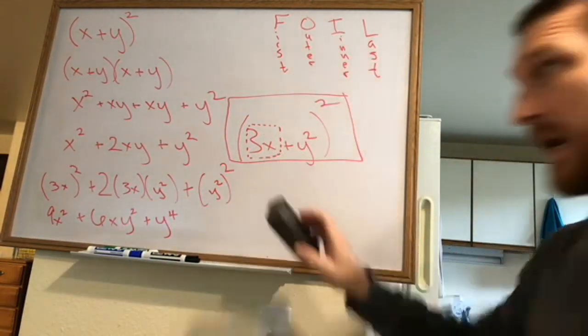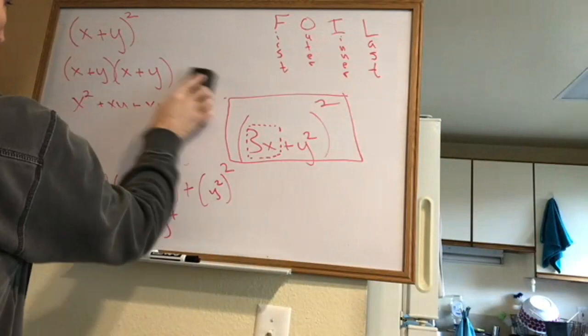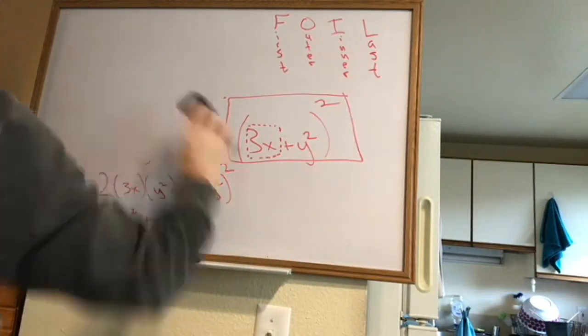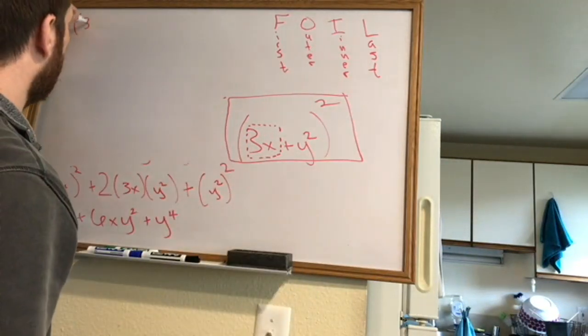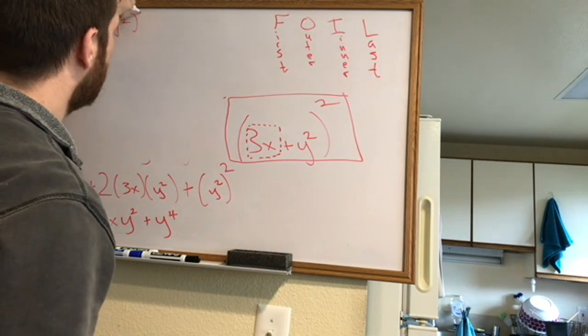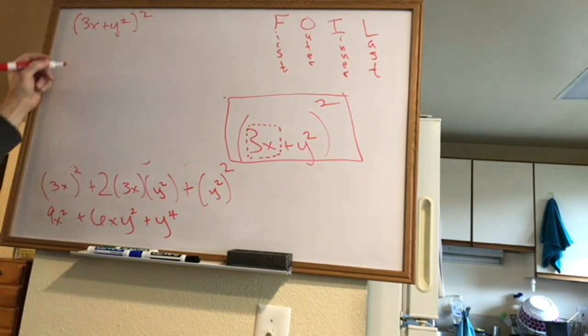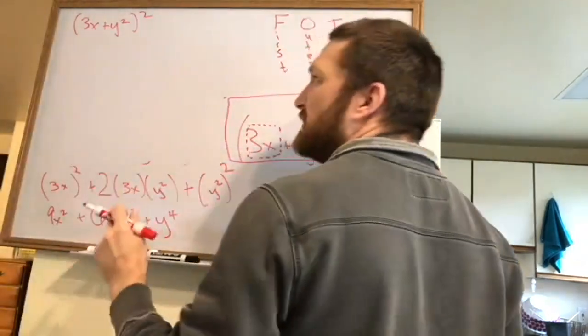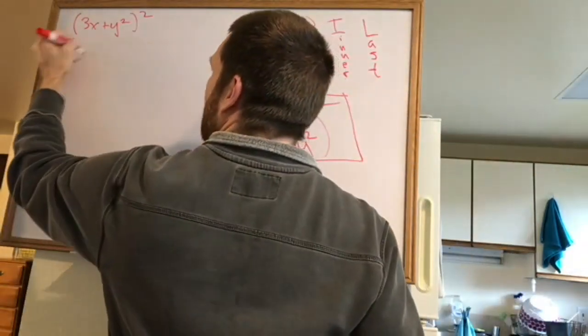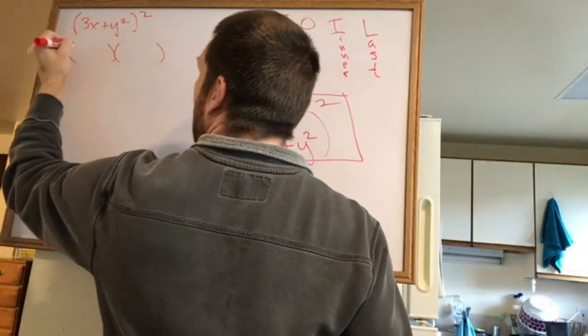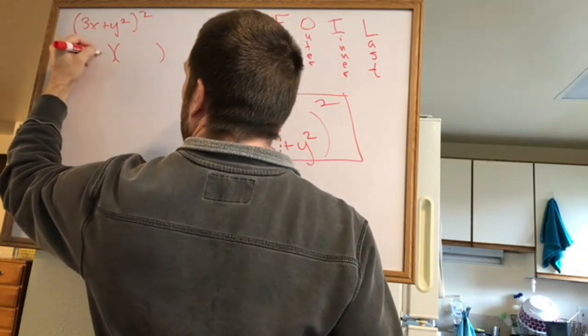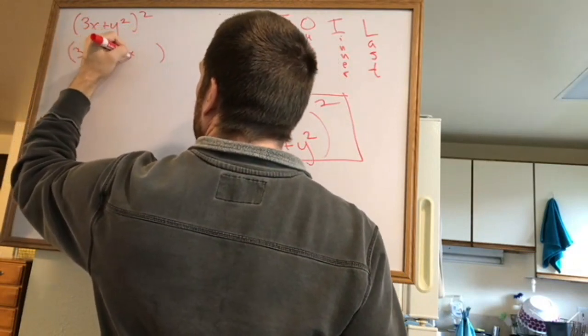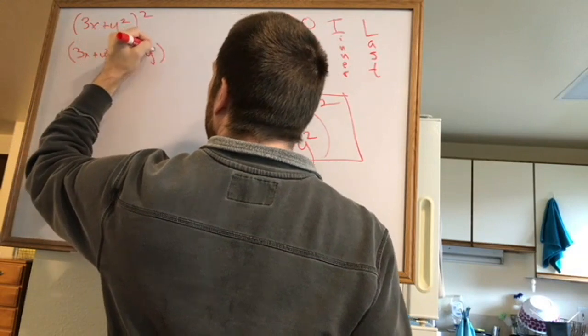Or what I would do is just FOIL it out. I'm going to say, okay, 3x plus y squared, squared. By the 10th one of these that you've done, this step that I'm taking right now, writing it down like this, you won't have to do anymore. You'll be able to just see it in your brain.